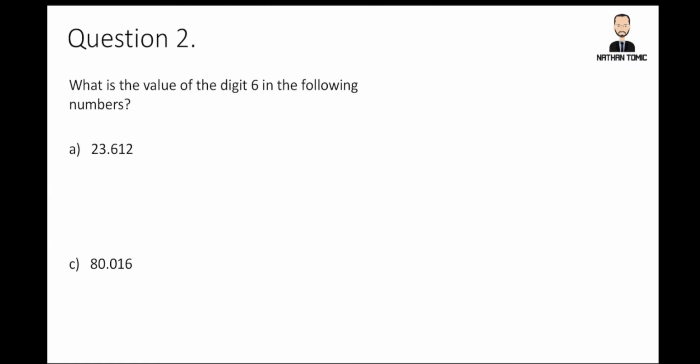So question 2 looks something like this: what is the value of the digit 6 in the following numbers? It's asking us to identify where the 6 is in the number, such as here, and then to tell us which place value it has. So in this particular case, the 6 is the first number to the right of the decimal place, so that means that it is 1/10, or we could say it is the tenths.